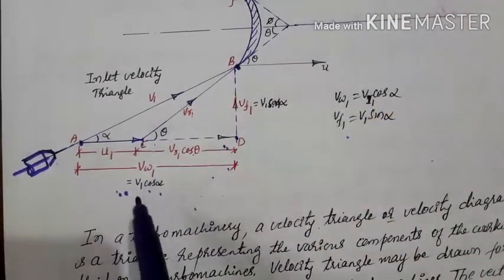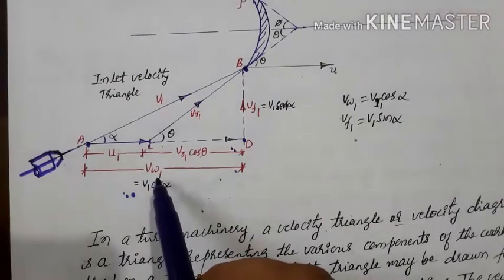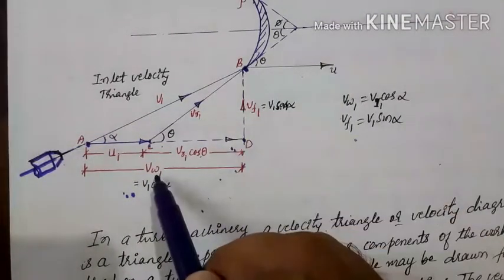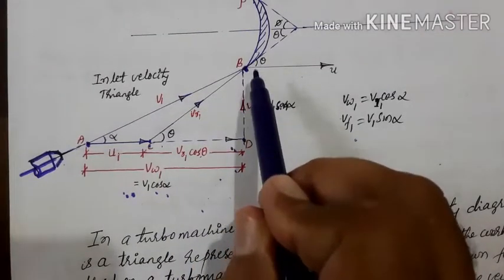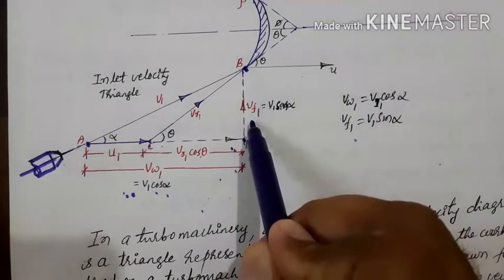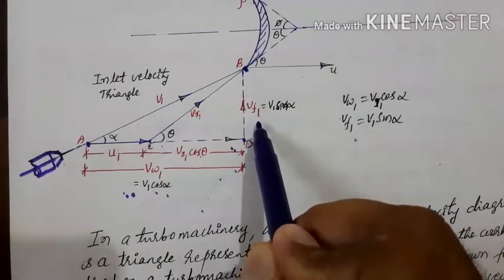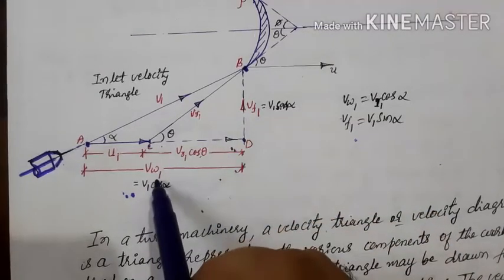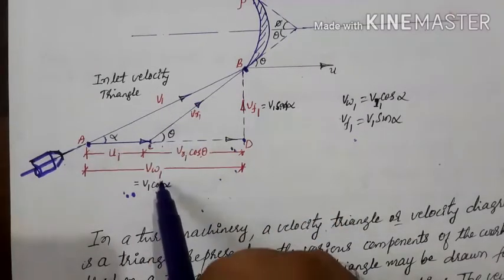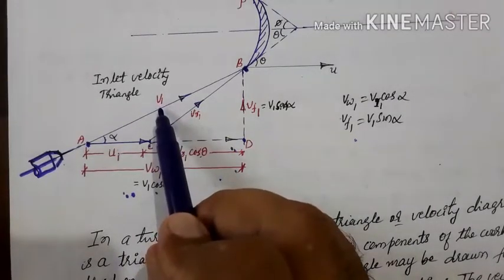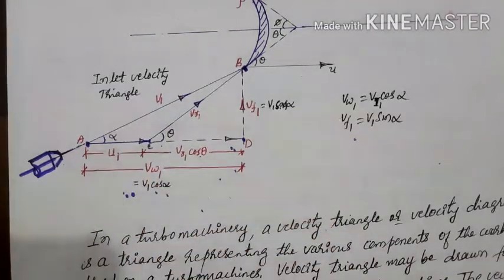Now this VW1 is the whirl velocity at inlet, and because of this velocity the vane gets rotary motion, and because of this velocity the fluid enters into the blade passage. This is called the flow velocity, and VW1 is nothing but the component of V1. VW1 is a component of V1, that is nothing but V1 cos alpha.